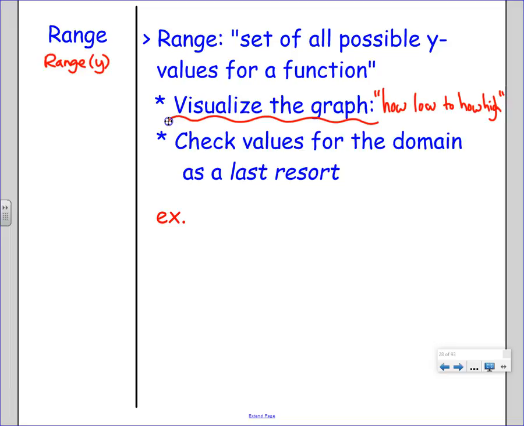Now here's the dilemma. If I were to give you something right now, let's do this example down below. I want you to find the domain and range. That was in homework, right? You had to do both. I want you to find the domain and range of the following. Okay?